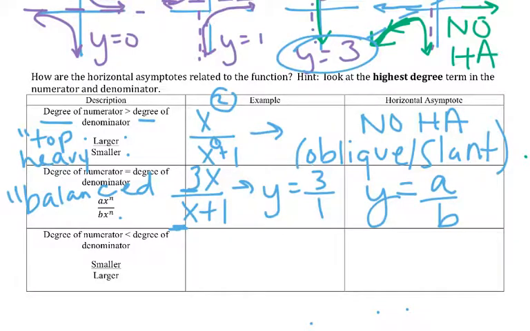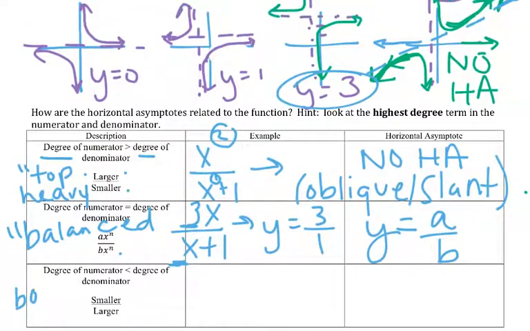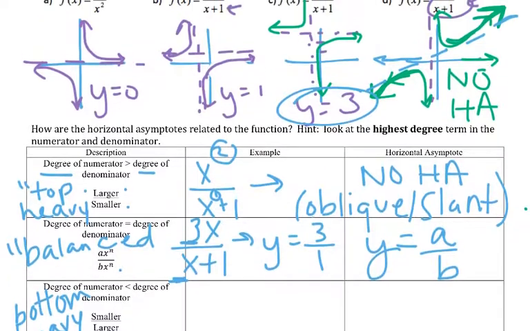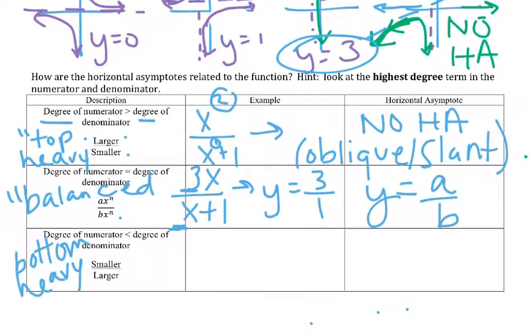The final example is bottom heavy, so a heavier degree in the denominator. A is an example of that. It was x over x squared. So the degree in the denominator is larger than the degree in the numerator.